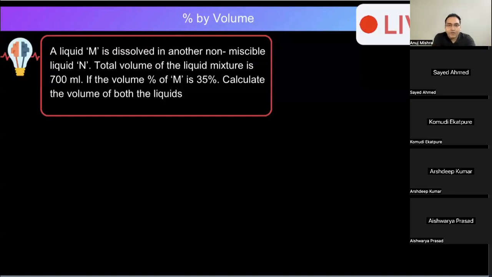I'm getting some answers. Very good. 245 ml. Very good, Yuvraj. It is the volume of which part? Which liquid, M or N? Excellent. It's a very simple question, everyone. If you spend a little bit of thought here, you can understand what I'm talking about.